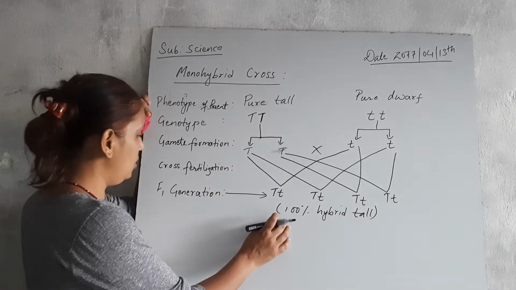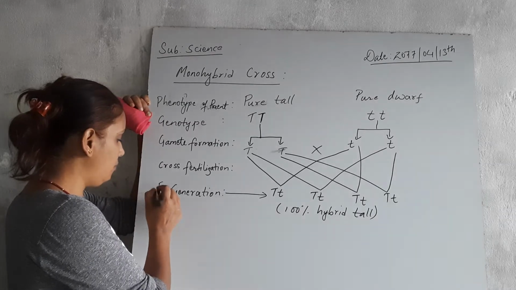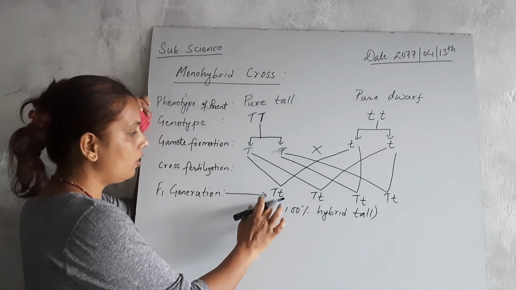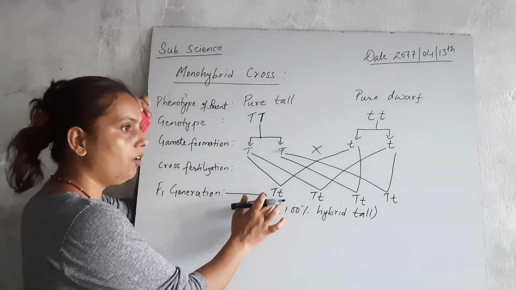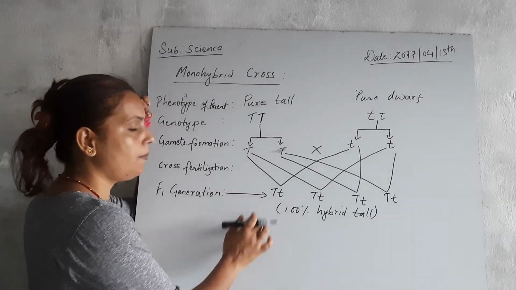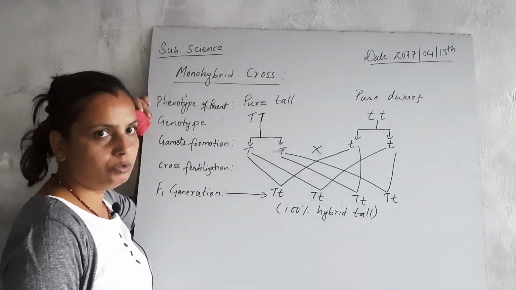Now after the formation of the F1 generation, the same offsprings become the parents for the F2 generation.